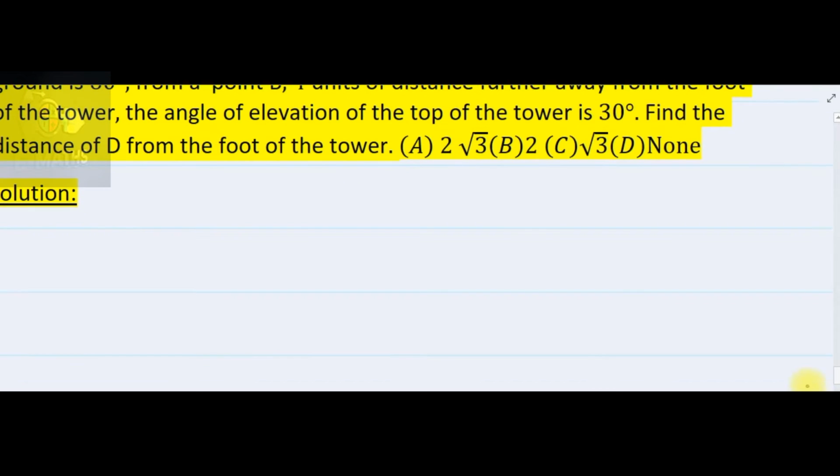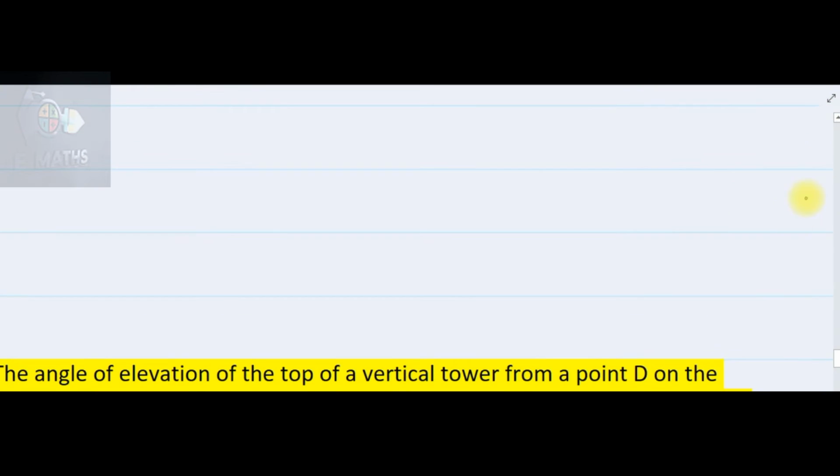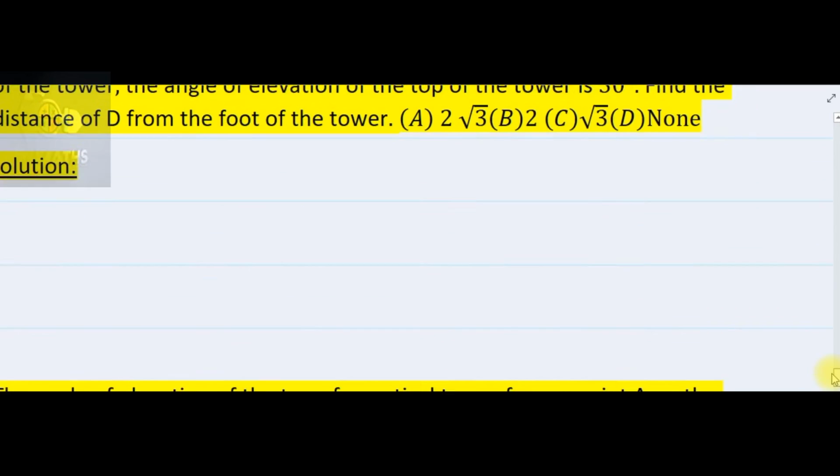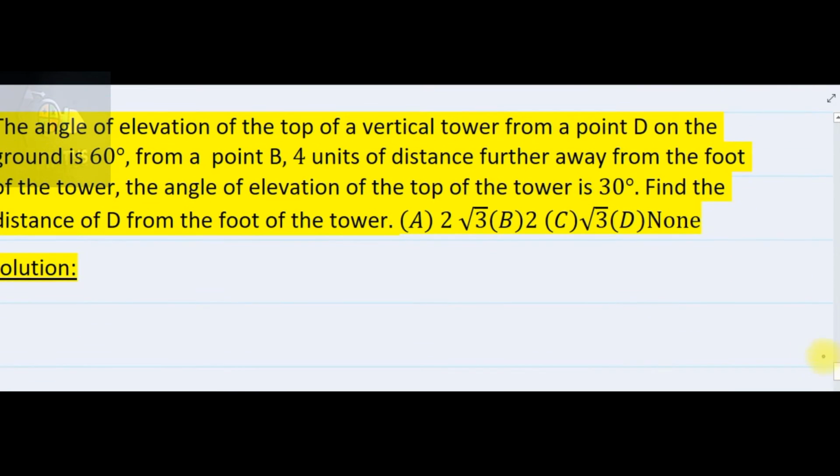So let's draw the diagram. The angle of elevation of the top of a vertical tower from a point D, so point D, is 60. So assuming this is the tower, the angle from point D is 60.